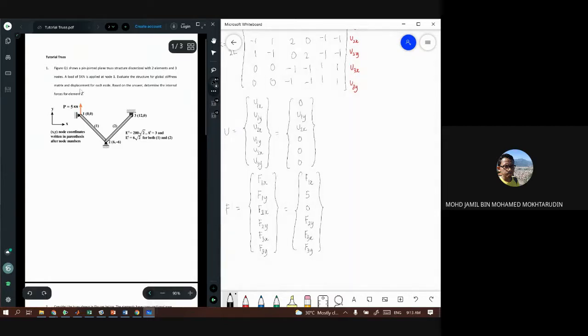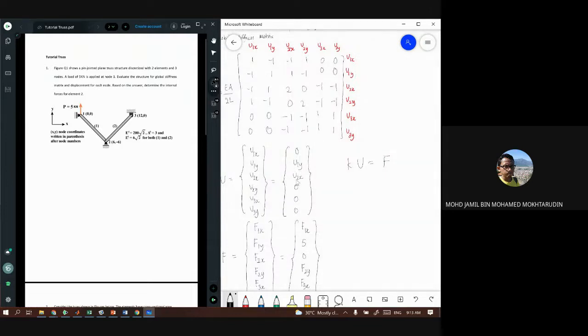So the first question asks for the displacement. Let's find the displacement first. KU equals F. So we need to find U1y and U2x. So we just take the matrix for the second row and the third row only, and multiply with U1y and U2x.